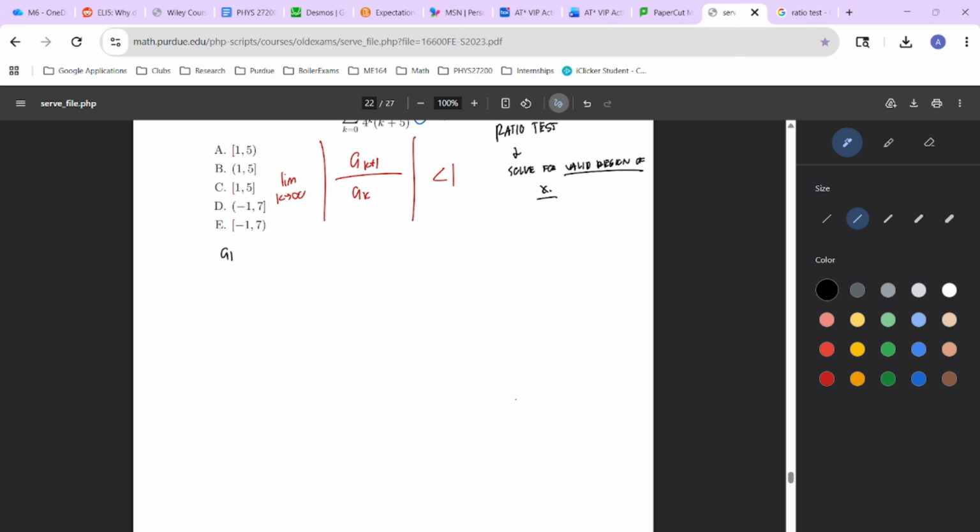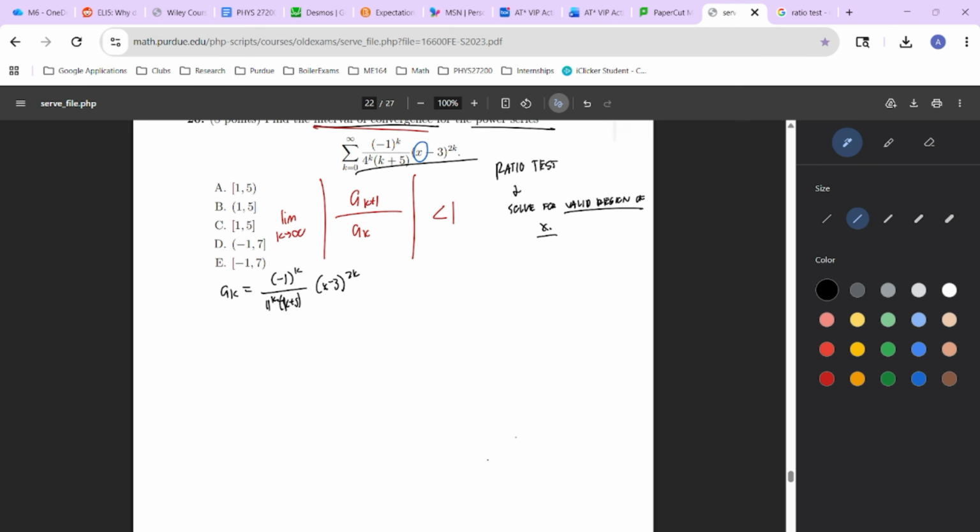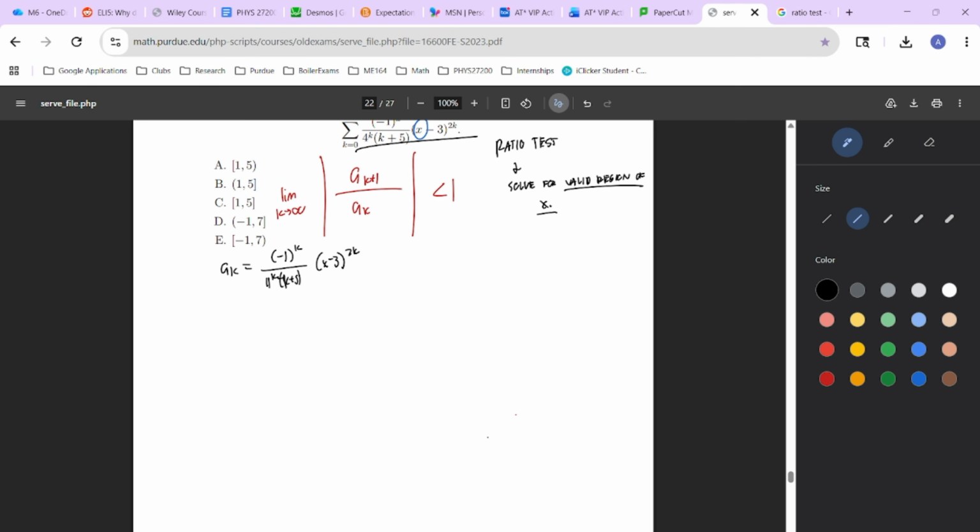We need to find what is the a sub k term, which is actually just what is described in here: negative 1 to the k over 4^k times k plus 5, multiplied by x minus 3 to the 2k. And now we have, additionally, a sub k plus 1, that's the next term.